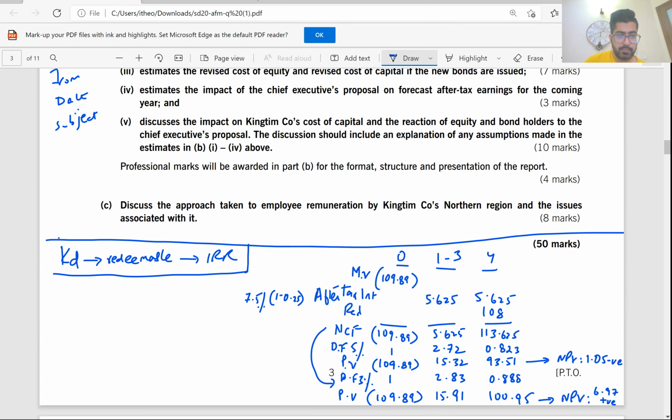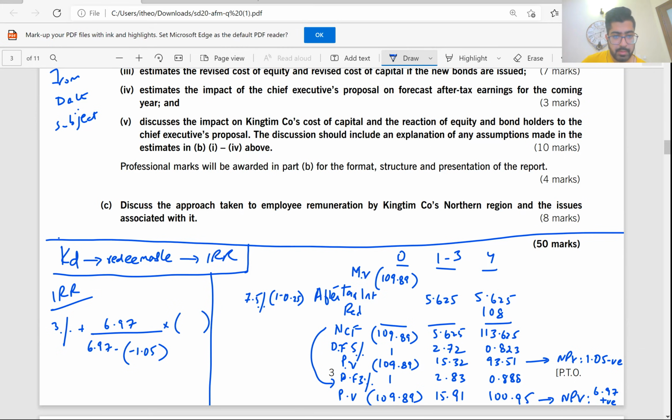Once you have the positive and negative NPVs, you put it in the IRR formula. Small a, the rate of positive NPV, 3%, plus capital A positive NPV, 6.97, divided by positive 6.97 minus negative NPV, negative 1.05, times small b, rate of negative 5% minus positive rate of 3%.